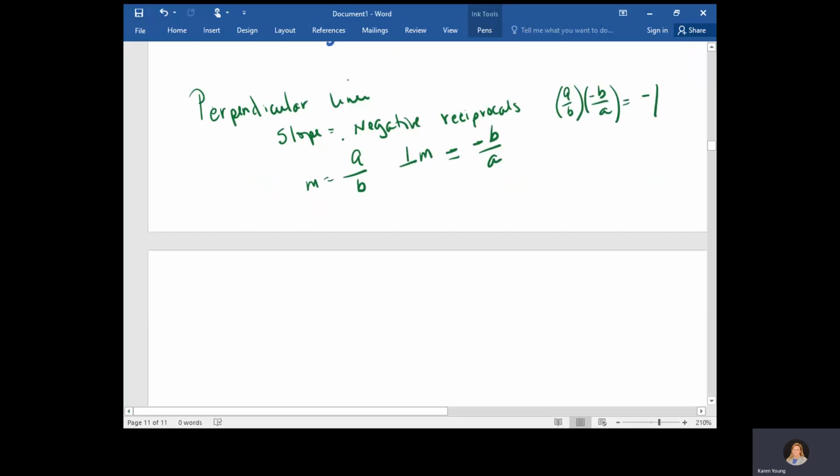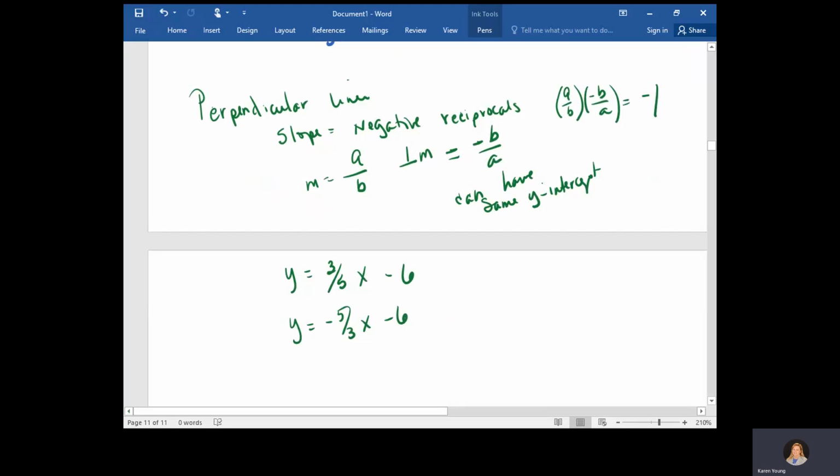So if I compare the lines y equals 3/5 x minus 6 and y equals -5/3 x minus 6, these can have the same y-intercept. They can have different ones, but they can have the same y-intercept, okay?